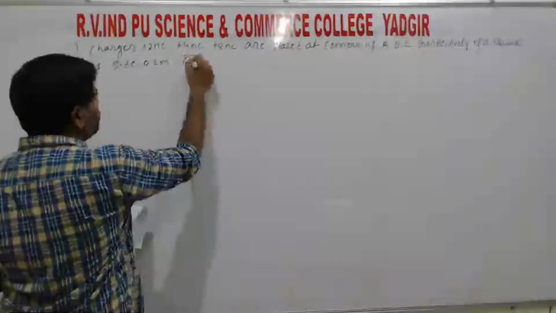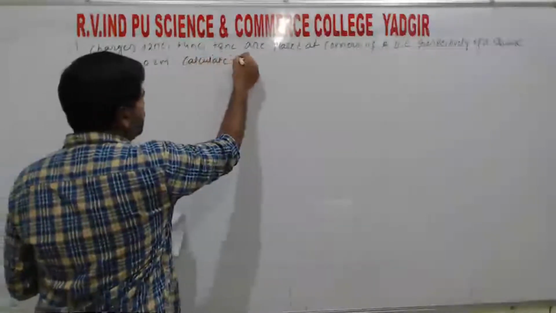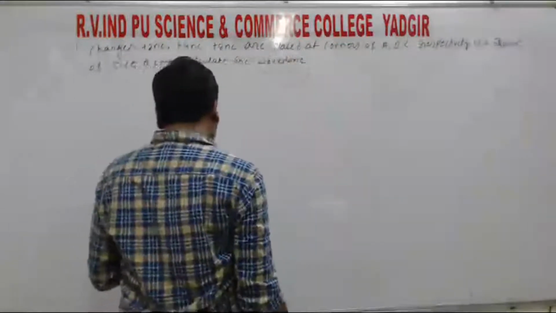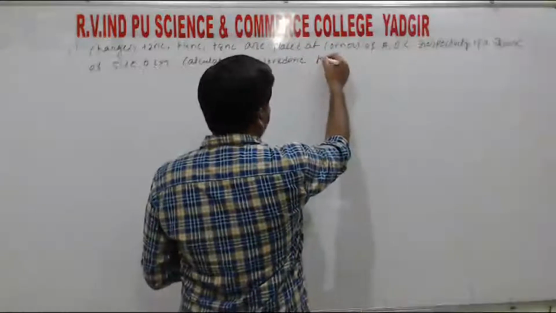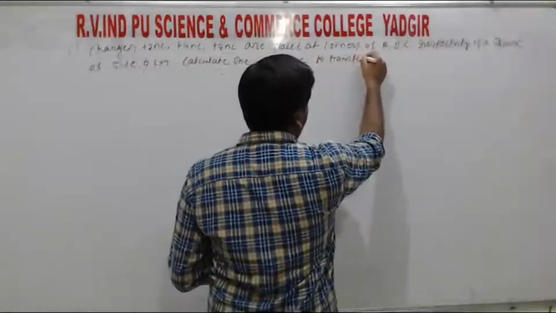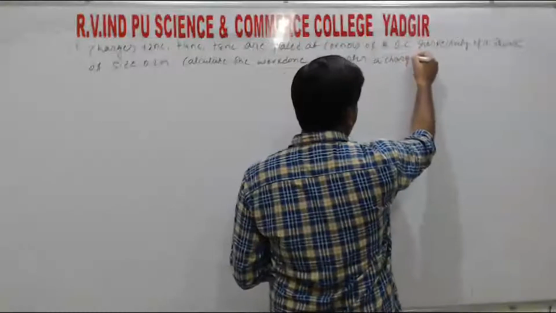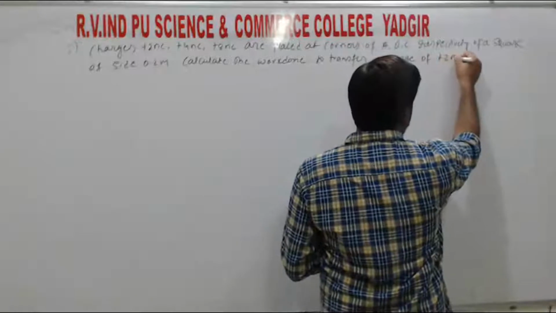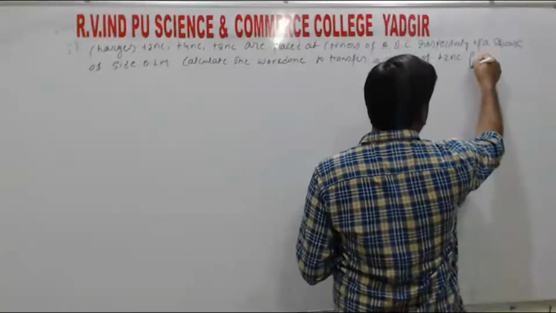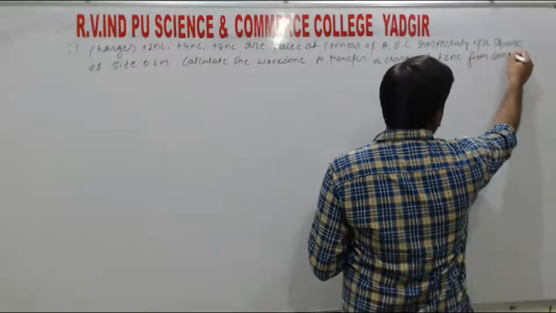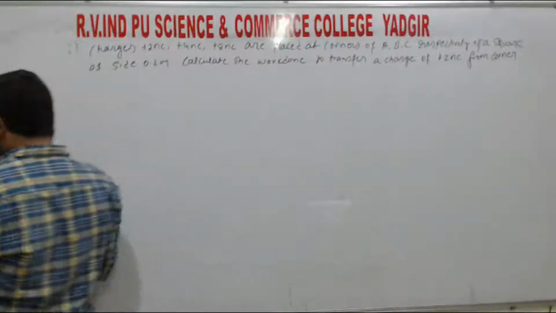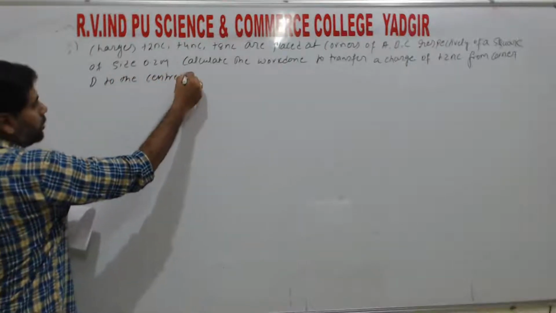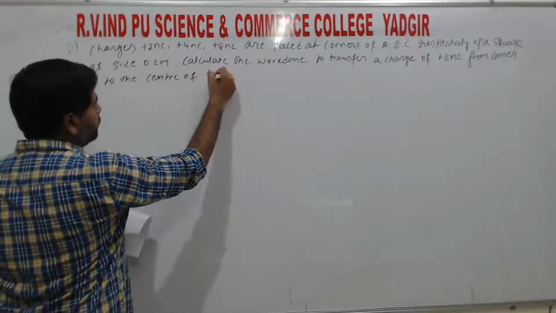Calculate the work done to transfer a charge of plus 2 nanocoulomb from corner D to the center of the square.